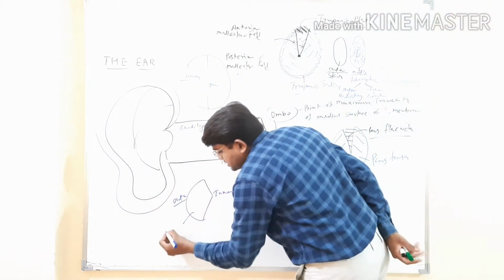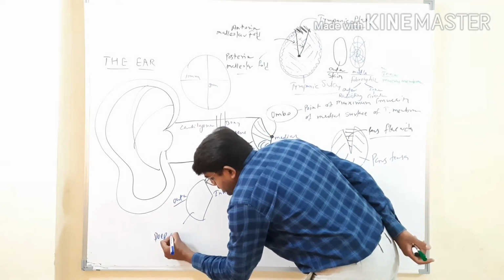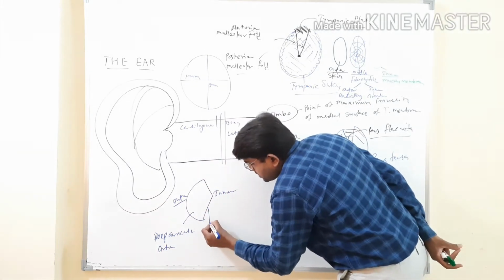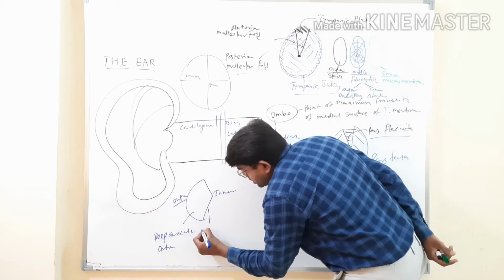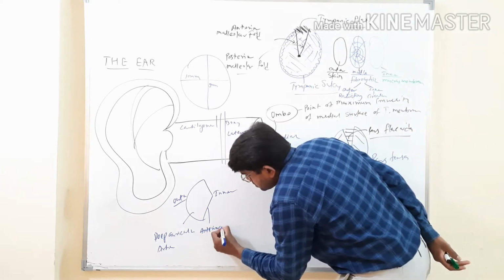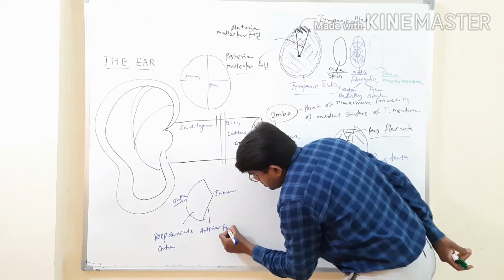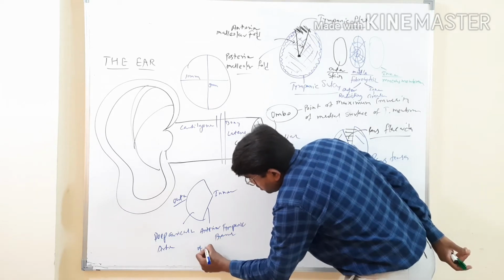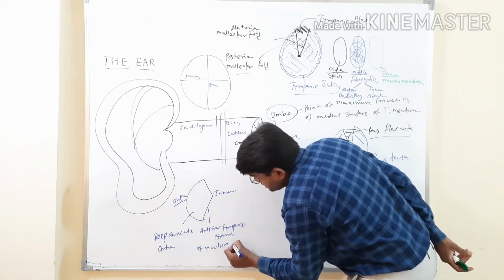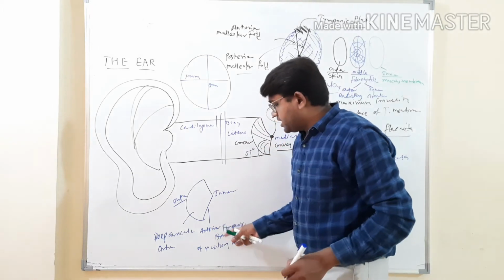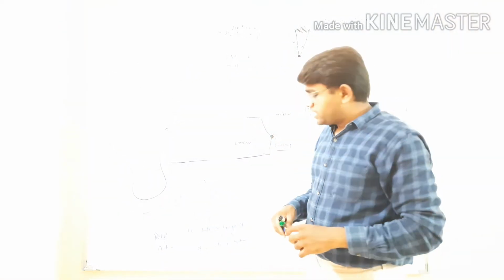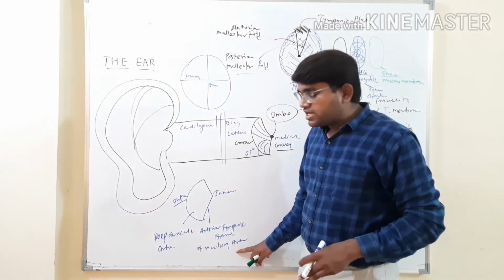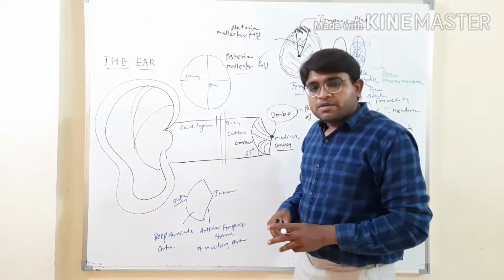Its outer surface is supplied by the deep auricular artery, whereas its inner surface is supplied by the anterior tympanic branch of the maxillary artery, or the anterior auricular artery. Okay, so both these arteries are branches of the maxillary artery. So the maxillary artery is supplying this tympanic membrane.